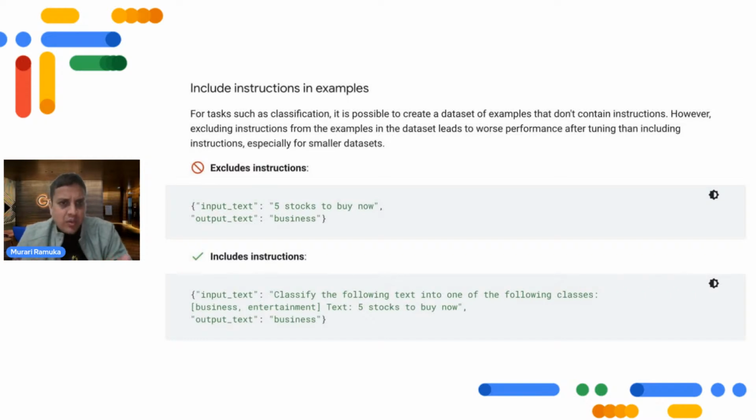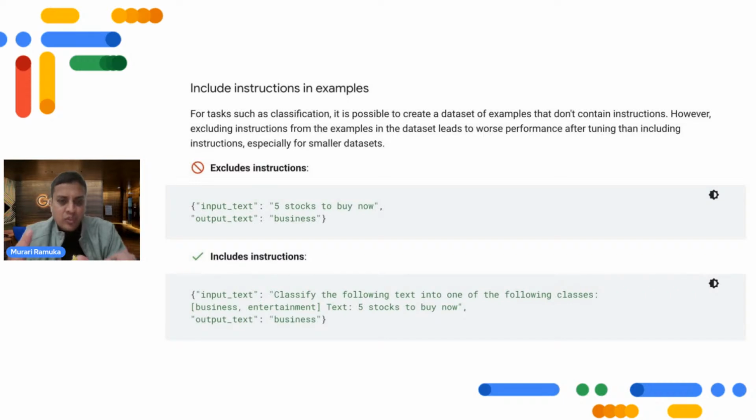You need to include the instructions rather than excluding them. You can see the example here: when you are creating an input dataset, the input text is '5 stocks to buy now', and the output text is the classification, where the context of this input is business. But you need to include the instruction, otherwise the input dataset may not be useful to fine tune your foundational model.